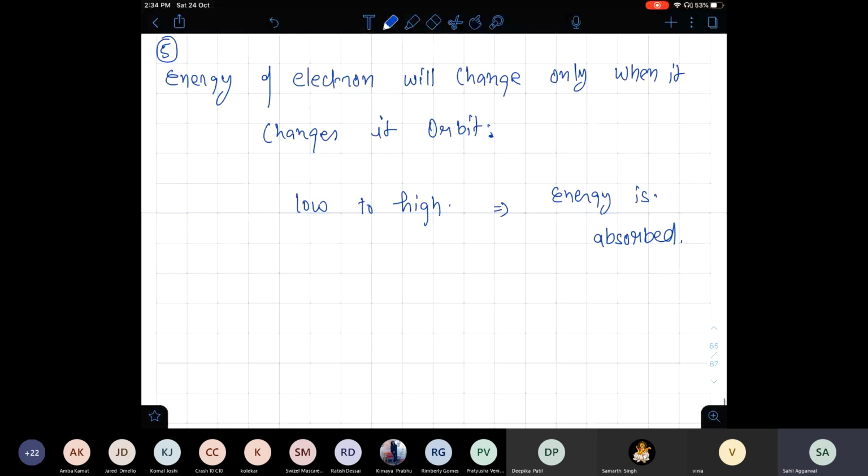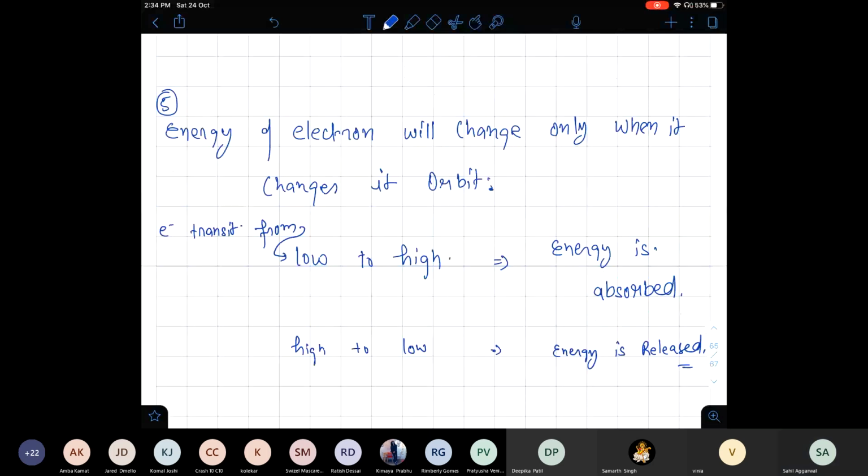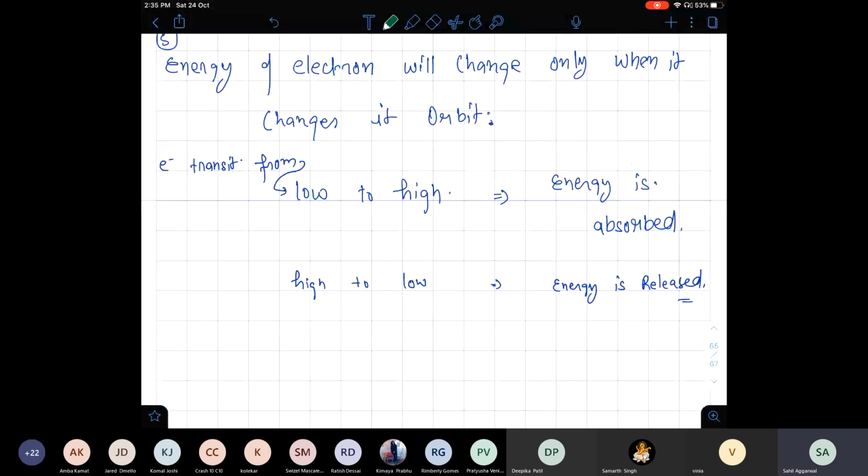When an electron transits from low to high, energy is absorbed. From high to low, energy is released. Okay.